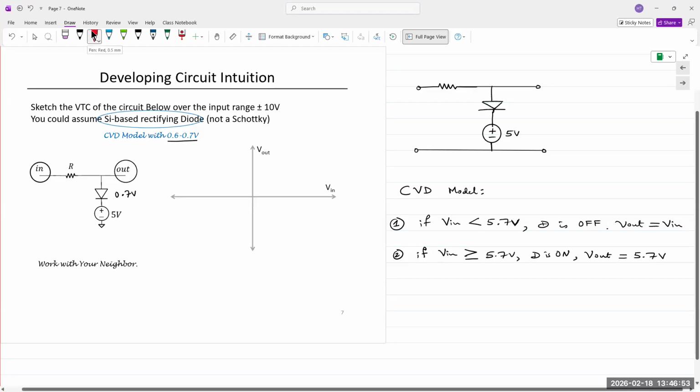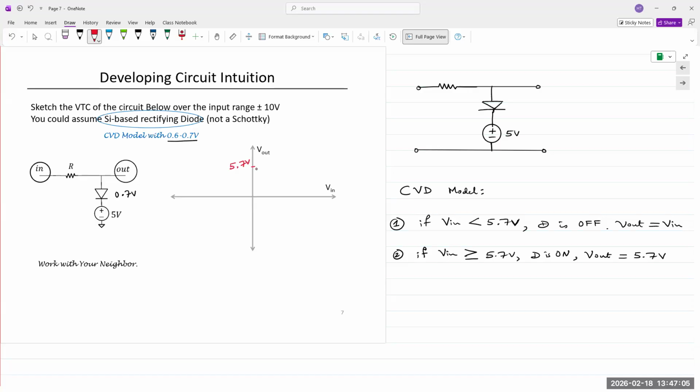5.7 volts, let's say mark it approximately here, 5.7 volts. That means as long as V in is also below 5.7 volts, and let's say approximately here at that line. Beyond this, it's a flat line of 5.7.